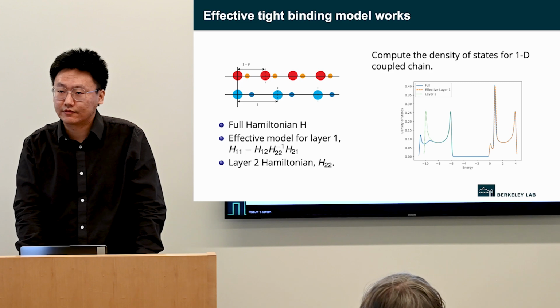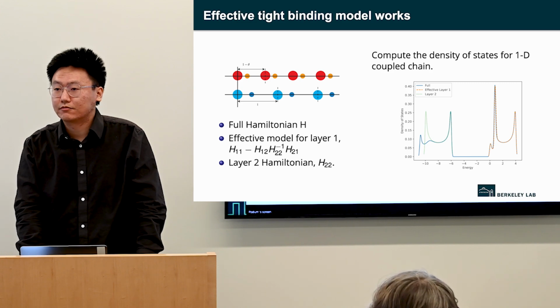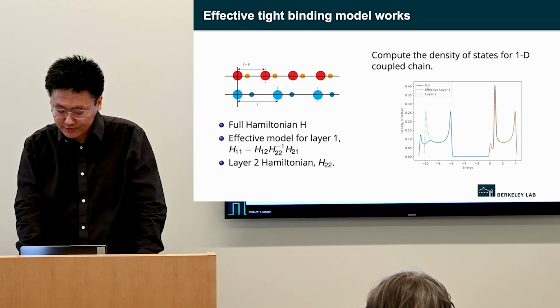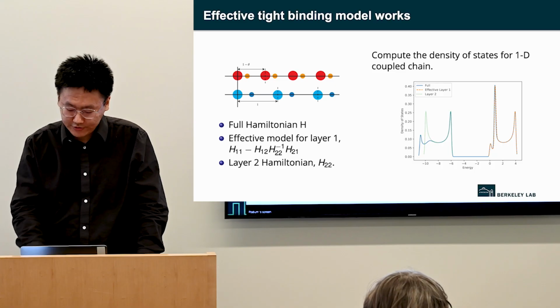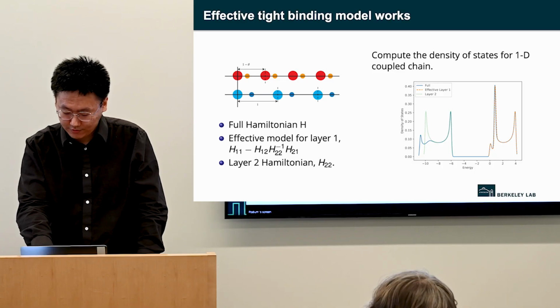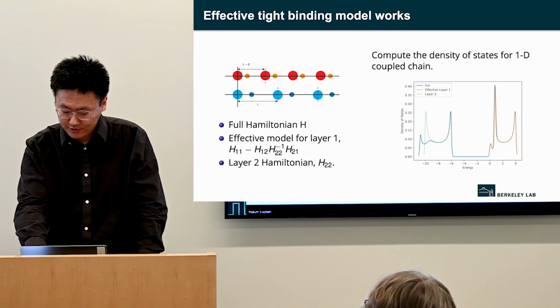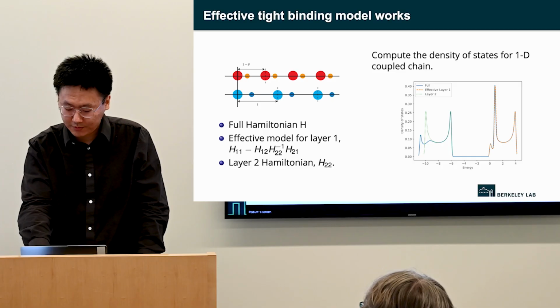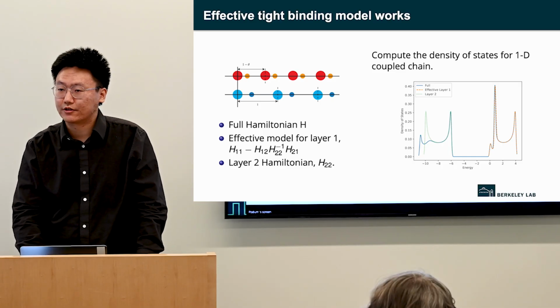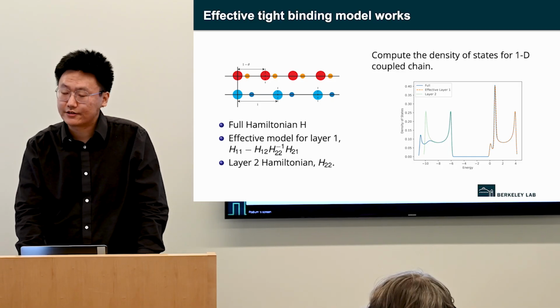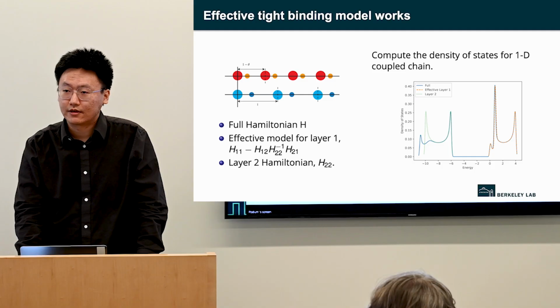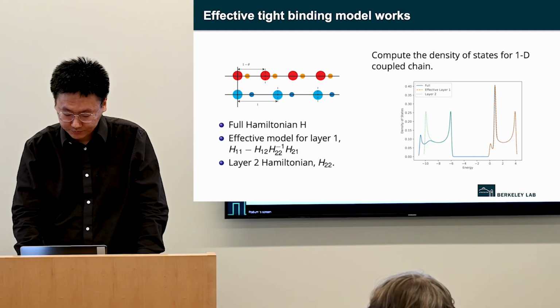This is a new effective tight-binding model. You can see that for the low-energy parts, there's something flipped in the x-axis, but in this plot, the high-energy parts and the spectrum align pretty well, and thus indicate that we are reducing the model adequately.